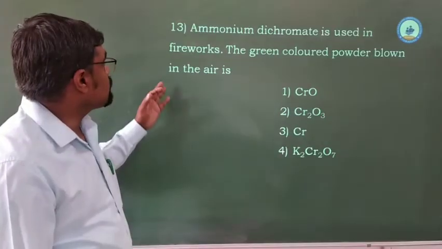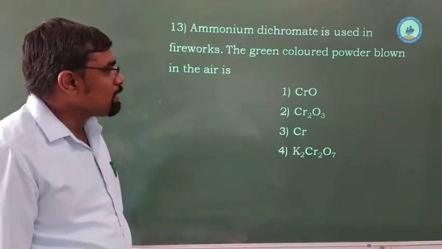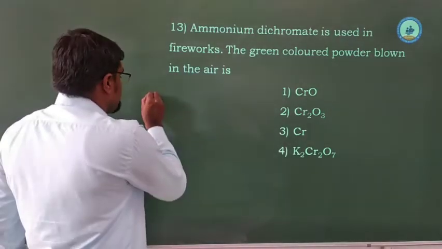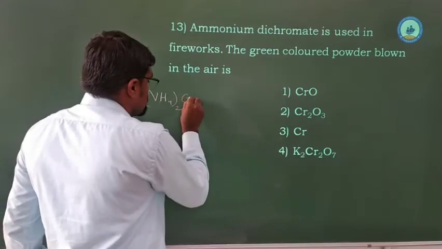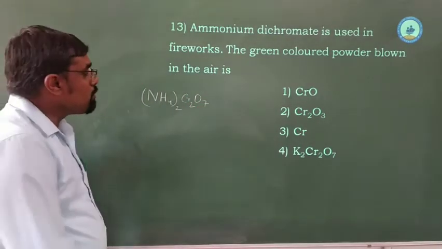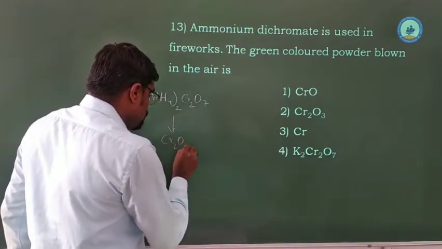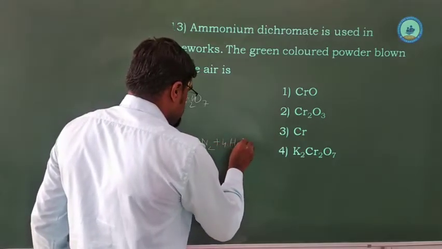Another question. Ammonium dichromate is used in fireworks. The green colored powder blown in the air is ammonium dichromate, (NH4)2Cr2O7. When heated, it converts into Cr2O3 plus N2 plus 4H2O. This is the reaction taking place.